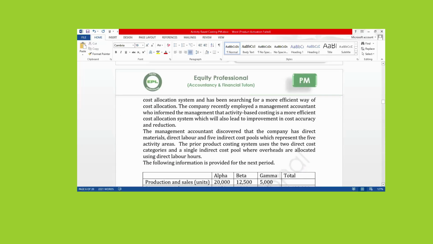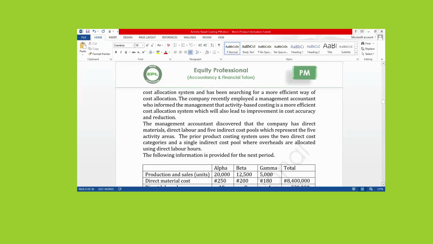The company recently employed a management accountant who informed the management that activity-based costing is a more efficient cost allocation system, which also leads to improvement in cost accuracy and reduction.